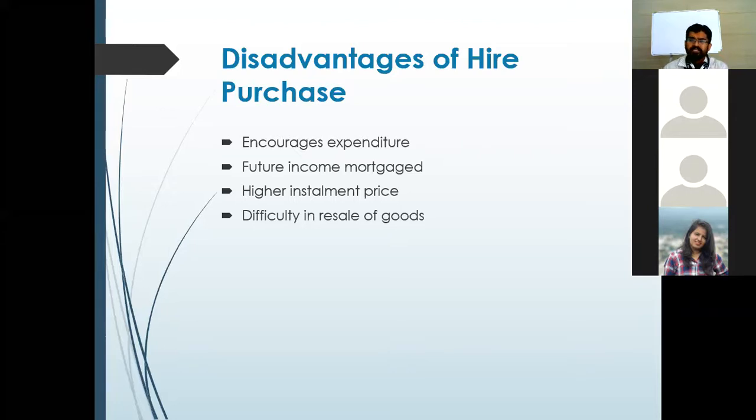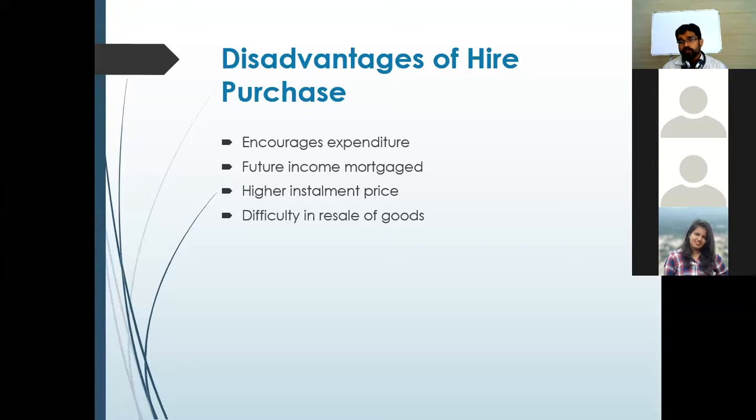Higher installment price, sometimes you end up paying more. Okay, comparatively too much than it was to buy on an outright basis. So higher installment price, sometimes you pay very high on your installments. Take an example of buying let's say a television on Flipkart, and you have made a payment using your credit card.